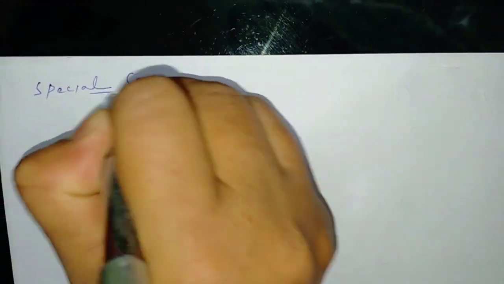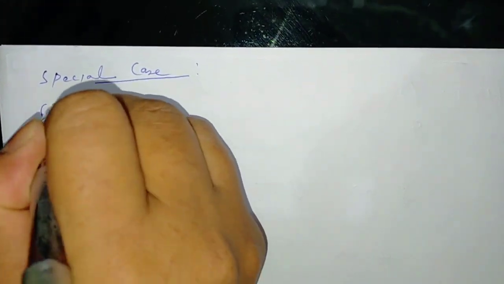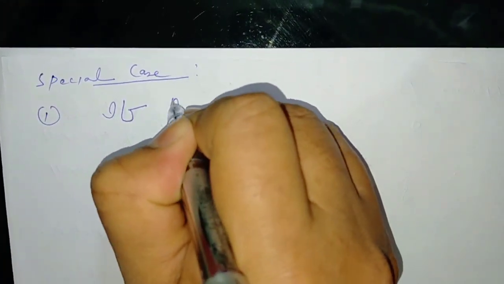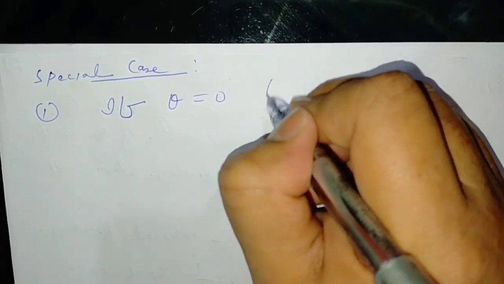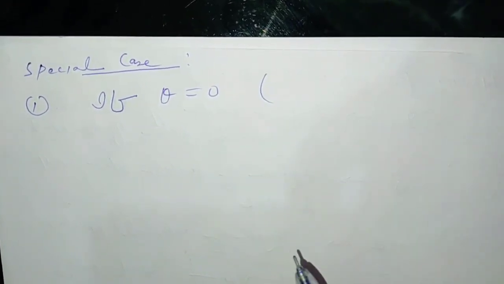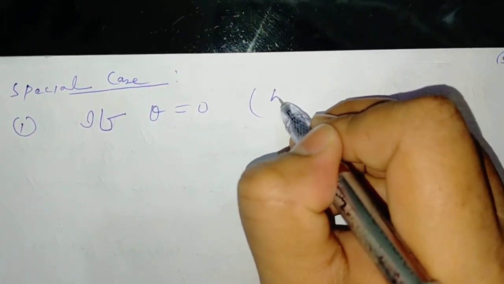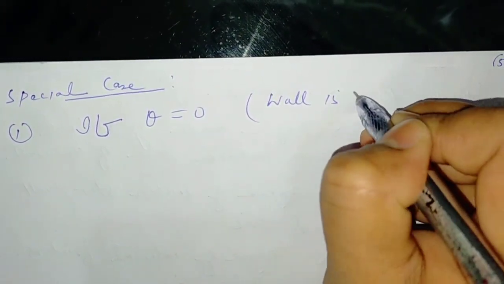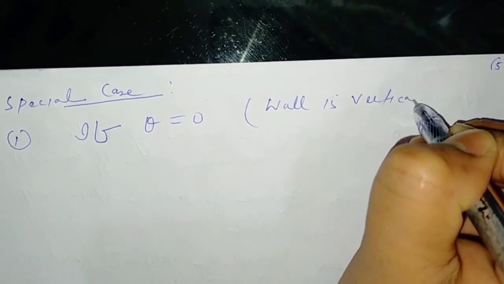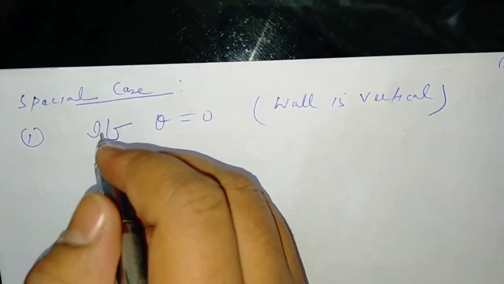So a special case, if theta is equal to 0, so the assumption is same as Rankine, means wall is vertical. Same assumption taken by Rankine.